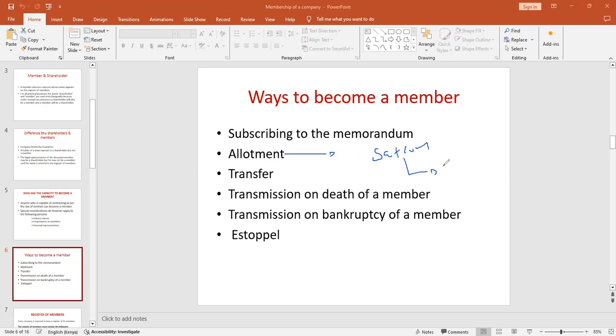So you'll buy them through an investment bank or investment banker, or simply put, through a broker. These are the firms trading in, in this case, the Nairobi Securities Exchange. So you'll go there as a client, and then you'll purchase.